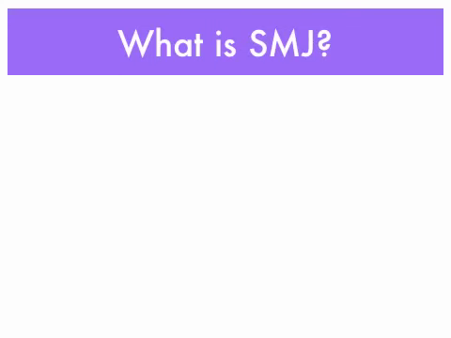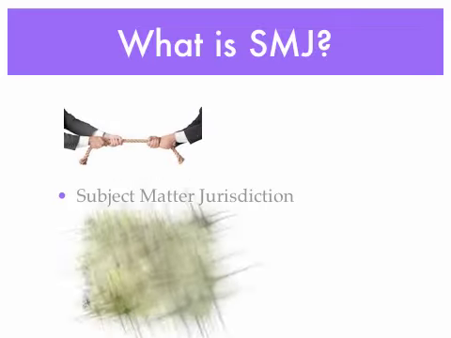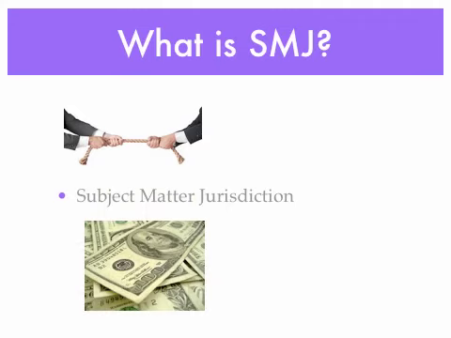So what is subject matter jurisdiction? Well, we need to break apart those words, subject matter and jurisdiction. Subject matter essentially is the dispute itself or the remedy the parties are seeking. So when we say we have subject matter jurisdiction, part of that is referring to disputed matters or the actual remedy being sought.